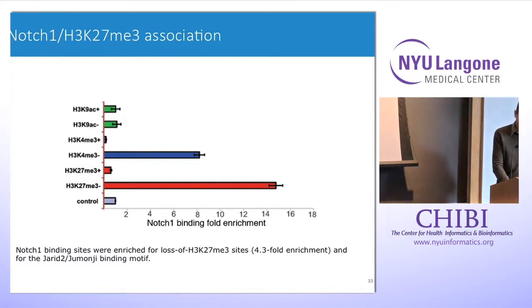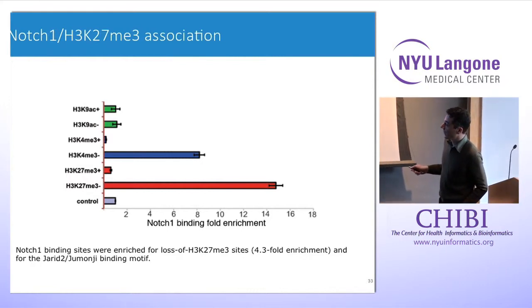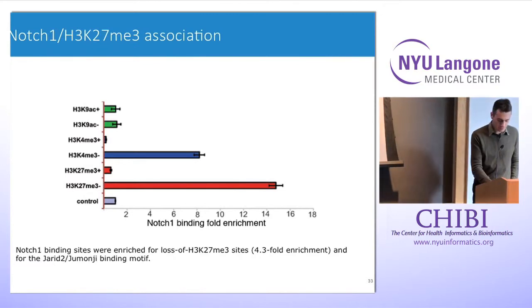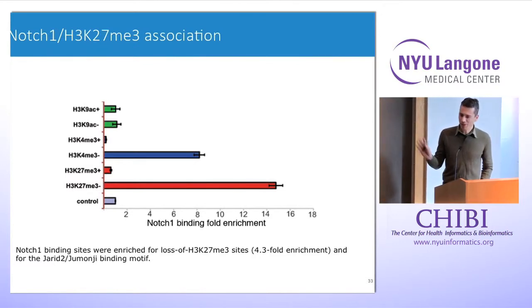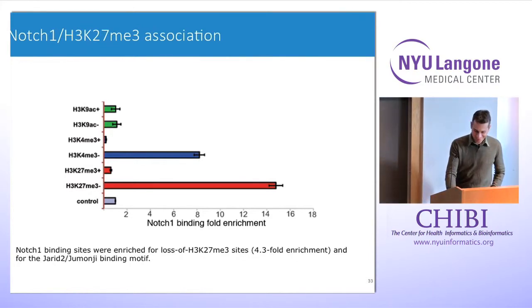So if you have any ideas, because normally it should co-localize with the opposite, gain of K27 trimethylation. But that was not the case. I had one theory but Yannis didn't like it, so we didn't put it in the paper. Of course, because you didn't like it.